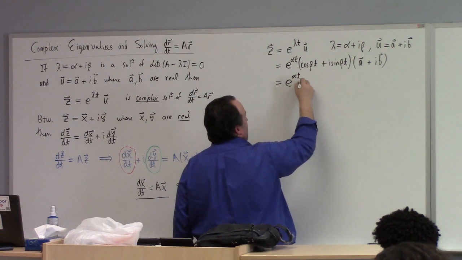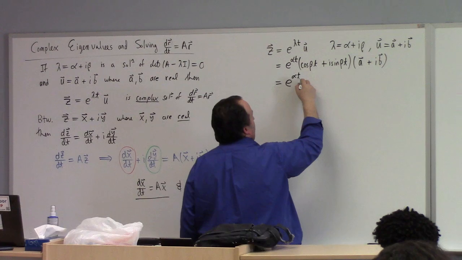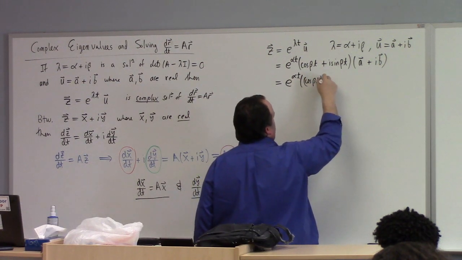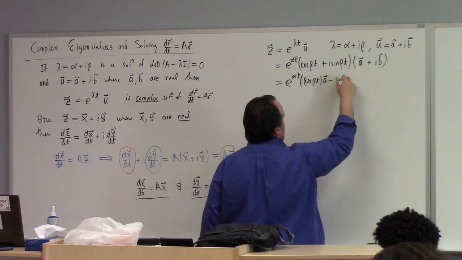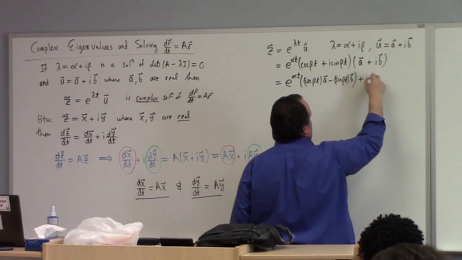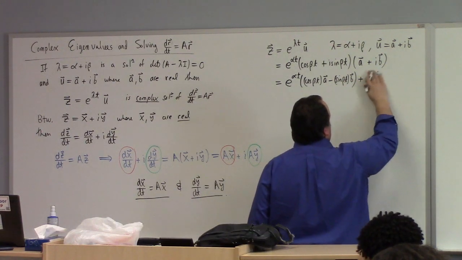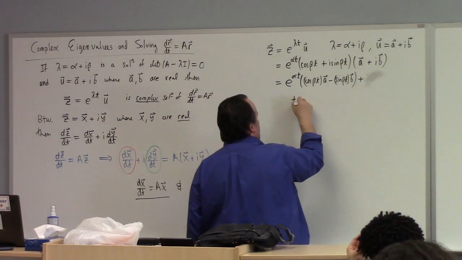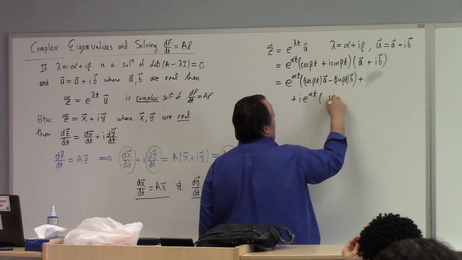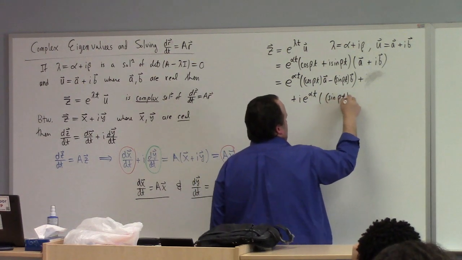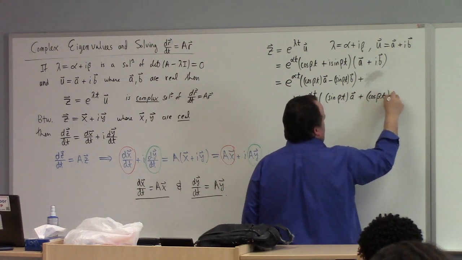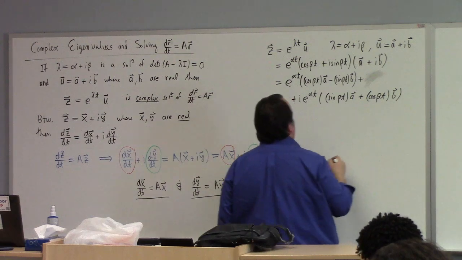So e to the alpha t times cos beta t times a vector minus sine beta t times b vector, plus i e to the alpha t times sine beta t times the a vector plus cosine beta t times the b vector.